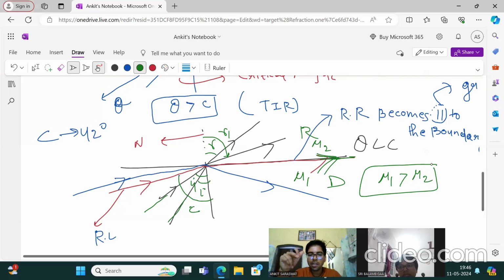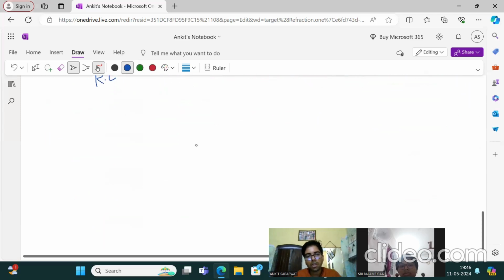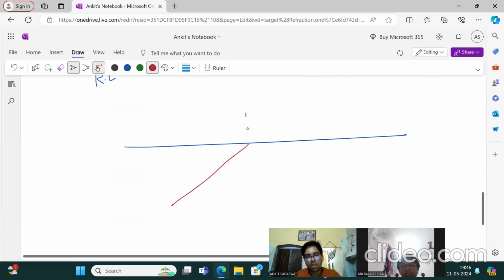But at the critical angle or more than the critical angle, the entire light is coming back to the same medium like this. If I is more than the critical angle, you will see this process.